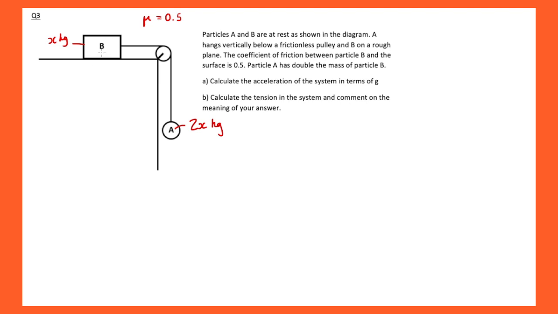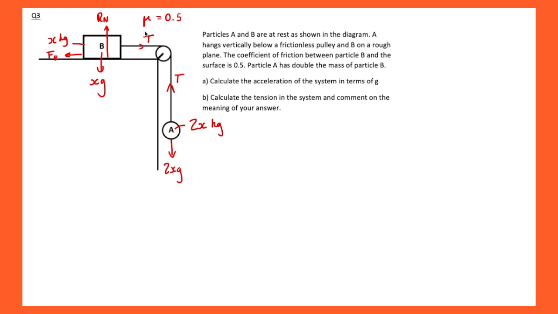So if I think about the forces, this one is going to be xg down with a reaction normal this way and a friction this way. This particle is going to have 2xg as the force down and T as the force up.